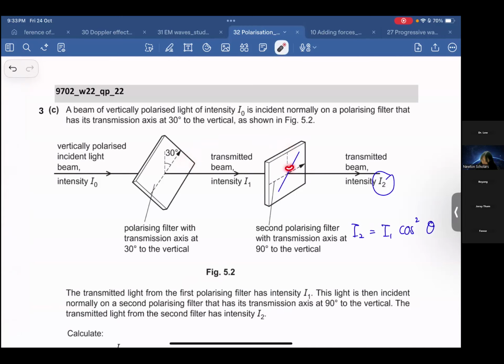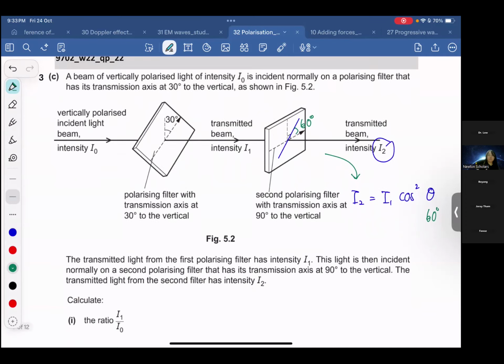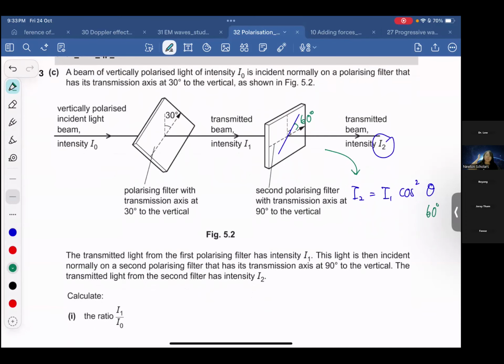So you cannot set that 90 degrees as your angle. Here initially is 30 degrees. You continue to rotate how many degrees? This angle is the angle that you need to find, 60 degrees. So this should be 60 degrees when you are finding I2. Compared to your first one, how many degrees do you continue rotating it?